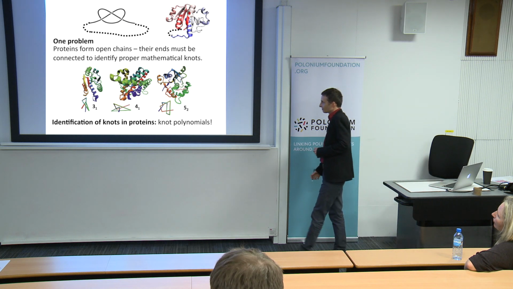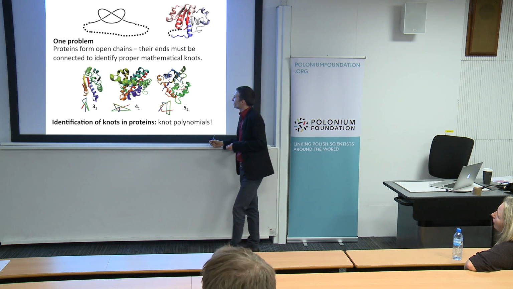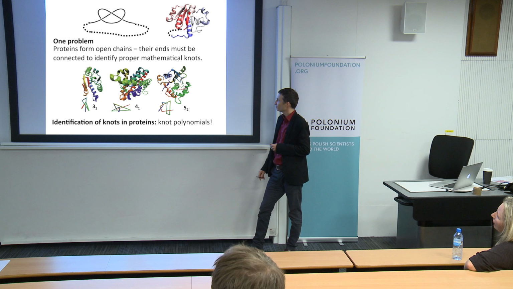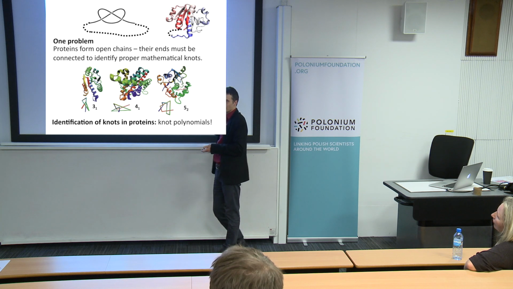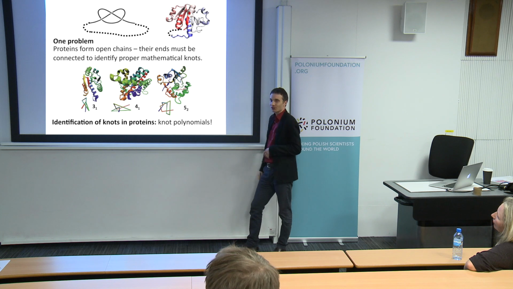So you might wonder how to identify these structures, and it turns out that knot polynomials, which were explained before, are very useful to this end. When you look by naked eye at the structure, typically those proteins consist of several hundred amino acids. It's just impossible to see whether it is knotted or not.